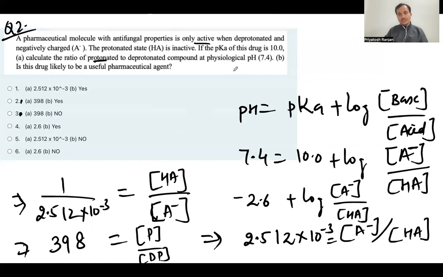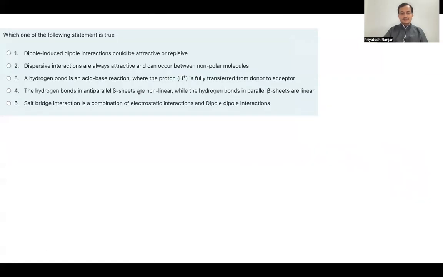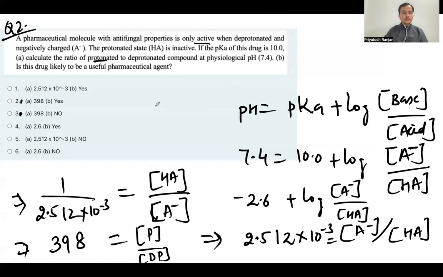At this particular pH, where the pK is 10, the ratio is coming out to be 398, which is quite big for the protonated one.